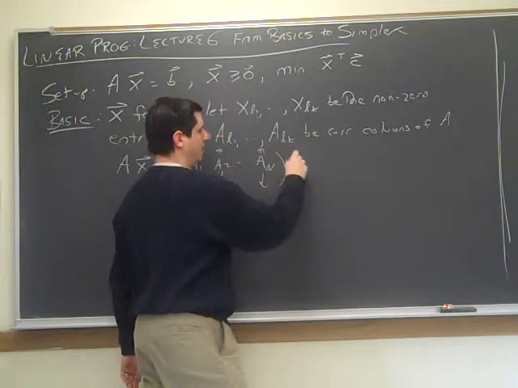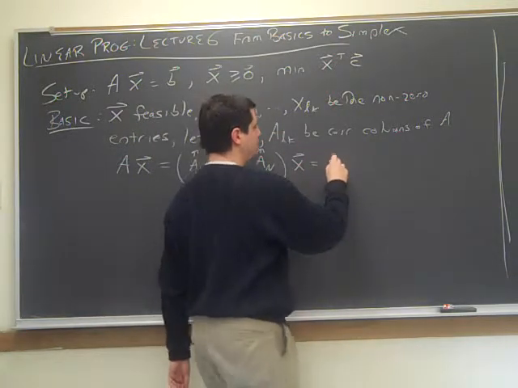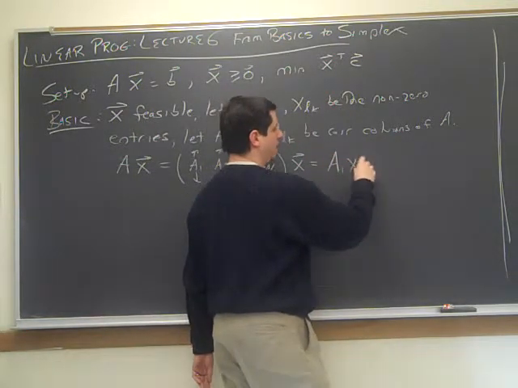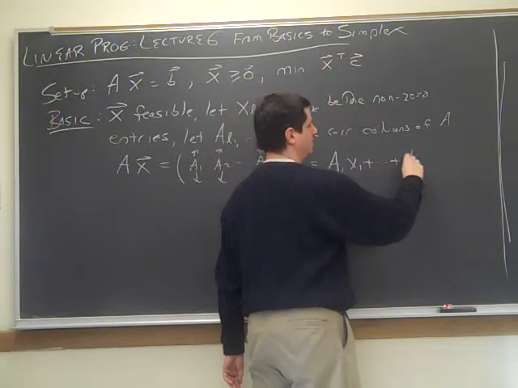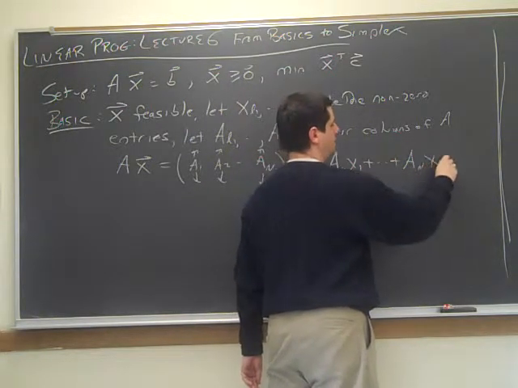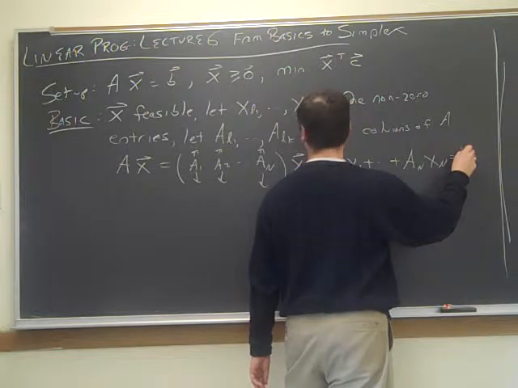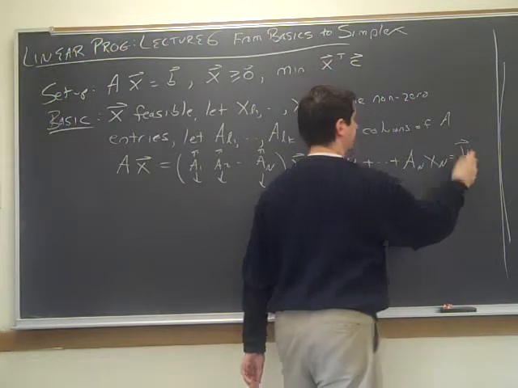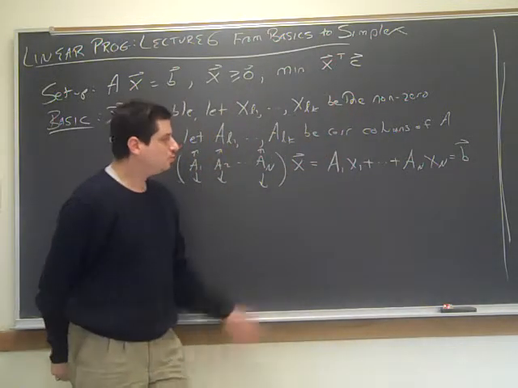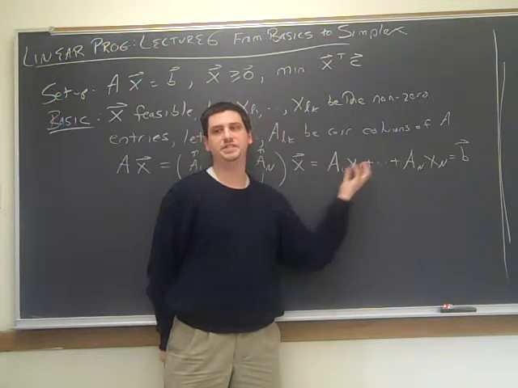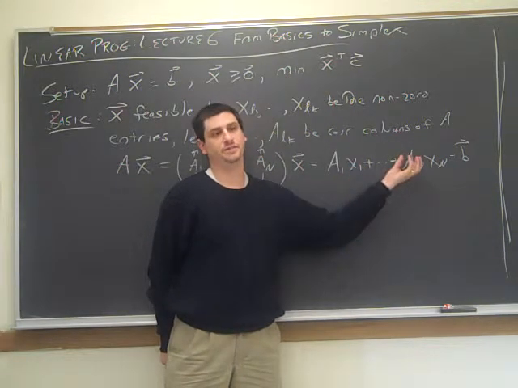So A acting on X is just going to be A1 X1 plus ... plus AN XN equals B. But of course, all that matters is the entries of X that are non-zero.